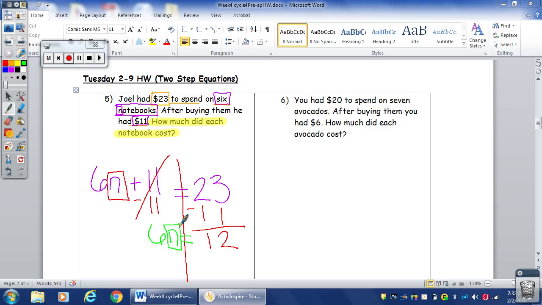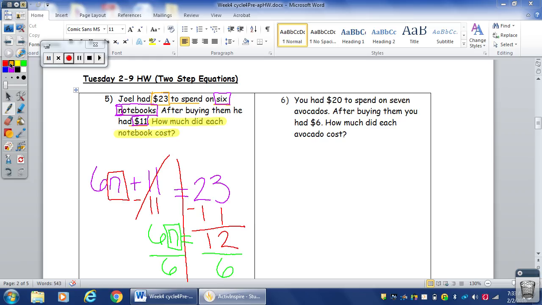So I need to figure out how I'm going to get rid of 6 on this side. And we ask ourselves, what does it mean when you have 6 and an n together with no seen operation? Remember, our invisible operation is multiplication. So if I'm multiplying 6 by n, the only way I'm going to isolate the variable is to divide both sides by 6.